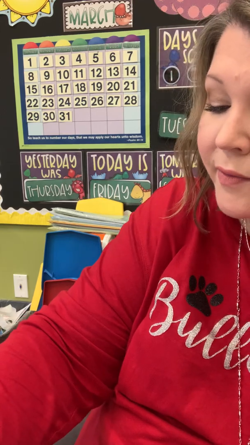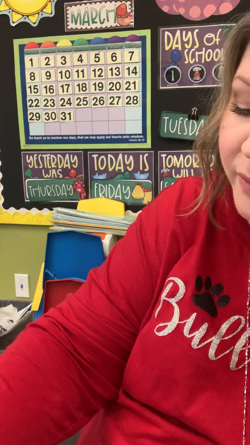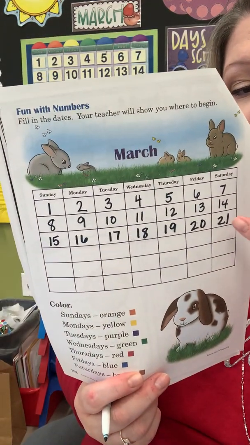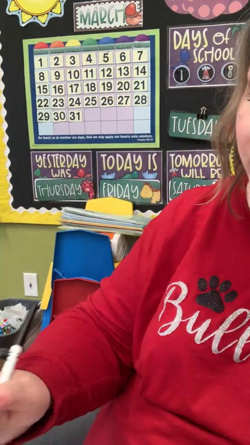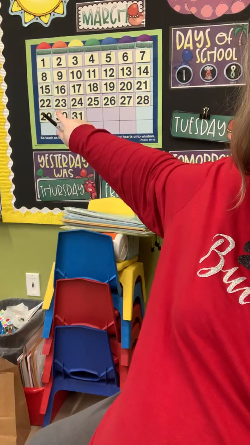So I'm writing all the next numbers. We ended with 21. What comes after 21? 22. Is it looking like this calendar? Yep, I see 22 right there.